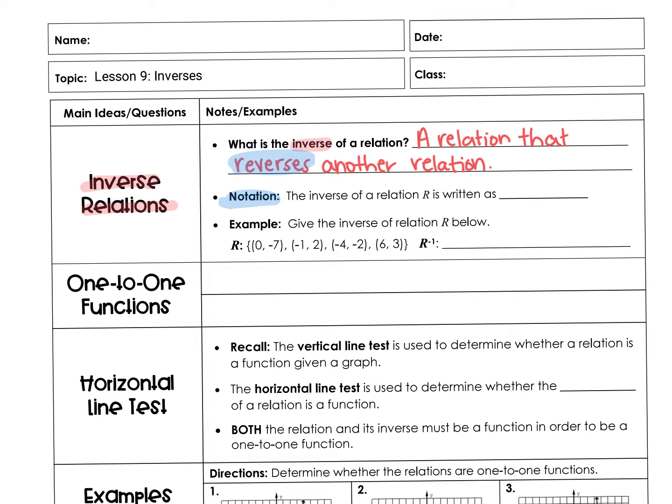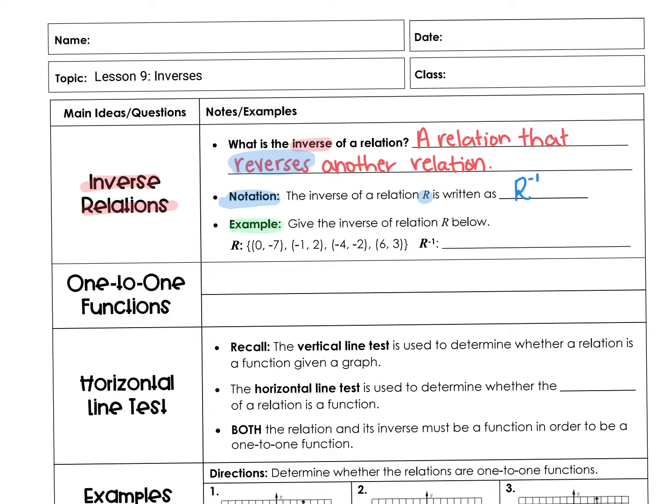The inverse of a relation R, so if R is the name of the relation that I'm talking about, would be written as R with a minus 1 in the exponent. Now that doesn't just mean R to the negative 1 power. This notation means the inverse of R.